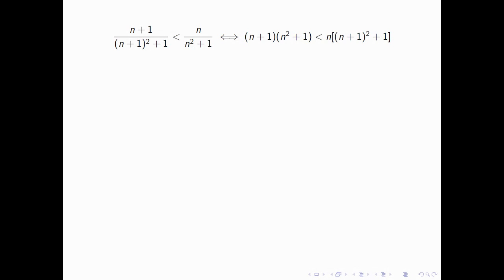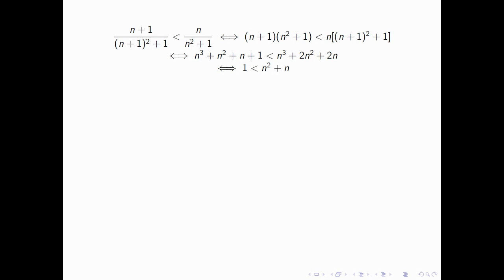That must be less than n times n plus 1 squared plus 1. And so I can simplify the terms on both sides of the less than sign now. I multiply them out, and I can cancel them and get that this is true if and only if 1 is less than n squared plus n.